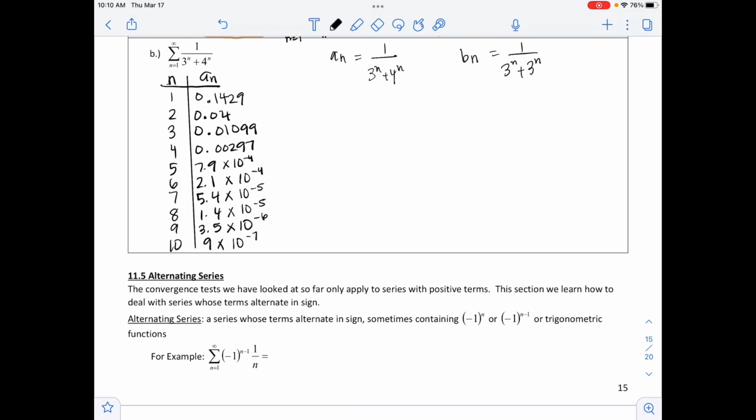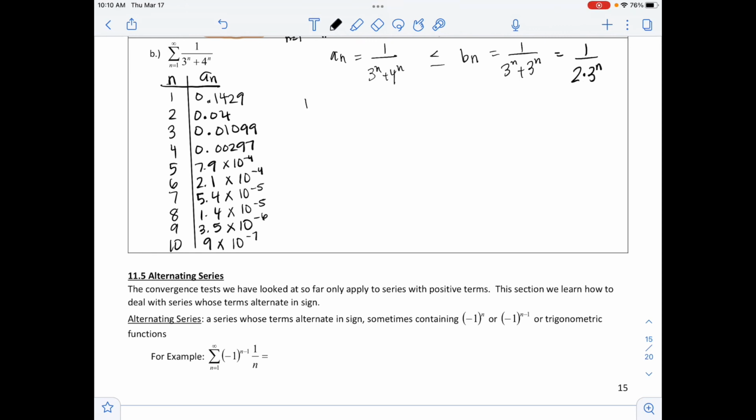And this would be the same as 1 over 2 times 3 to the nth power. And since 4 to the nth would be larger than 3 to the nth, since n is going to be a positive value, I could say that a sub n is going to be less than or equal to b sub n.